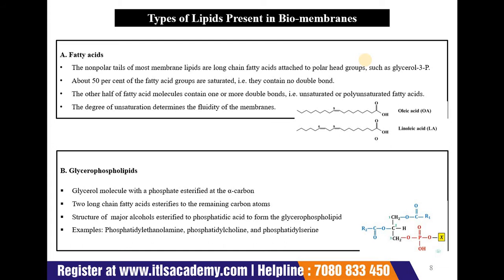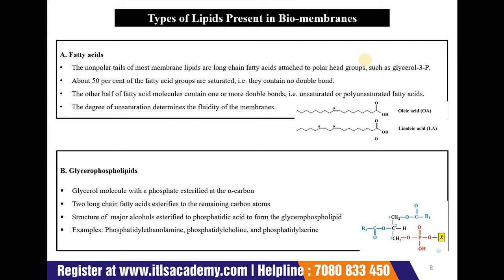Other than that, you have linoleic acid, arachidonic acid, etc. The other half of the fatty acid molecules contain one or more double bonds, that is, unsaturated or polyunsaturated fatty acids. The degree of unsaturation basically determines the membrane fluidity.